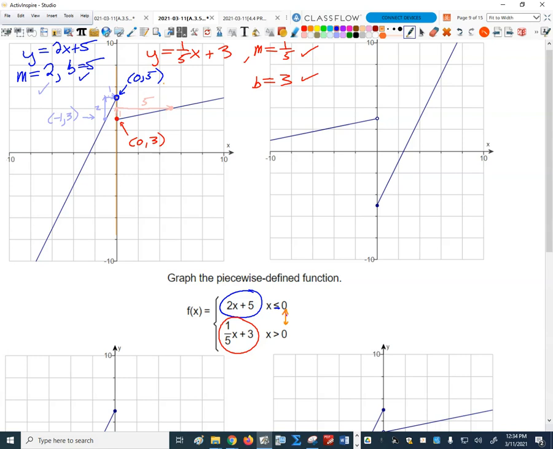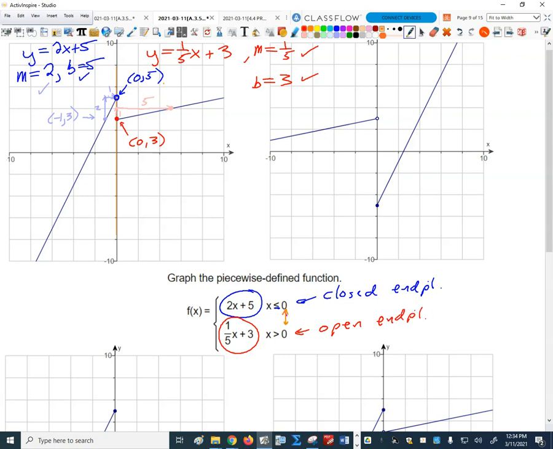Ah, okay, the endpoints. Yeah, look, the top endpoint for the blue line, it includes the equal sign. So that's the one that needs a closed endpoint. And look, for the red line, we don't have an equal sign, so that should be an open endpoint.